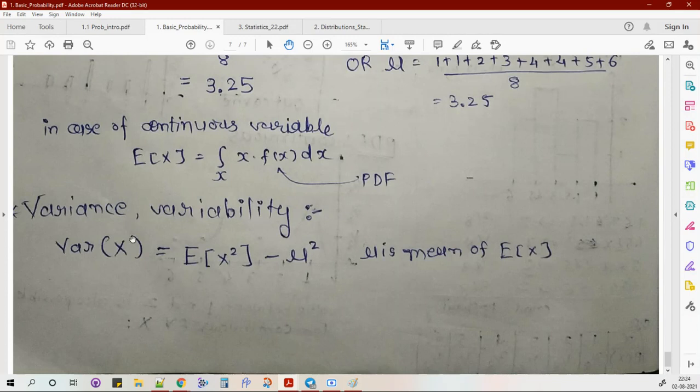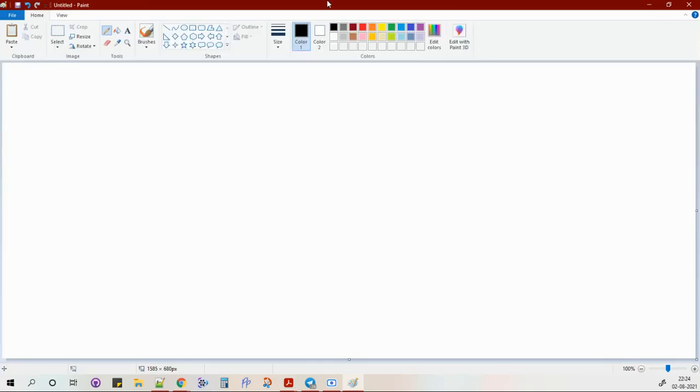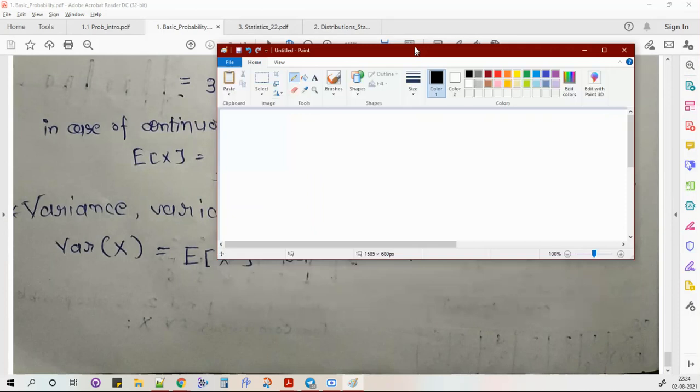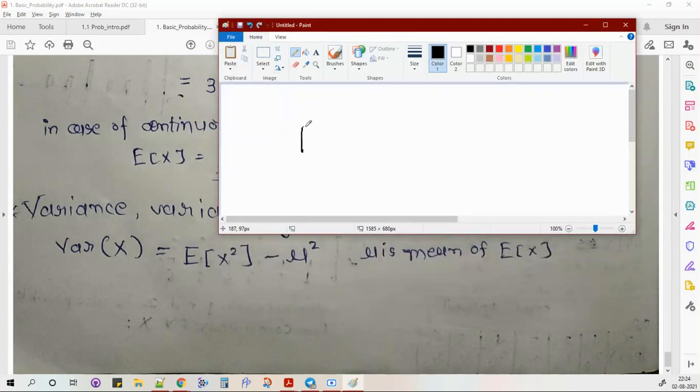So variance of the random variable x is defined as expectation of x square minus mu square, right? And if I want to write this equation in one more form, which is sometimes useful, I can write this as expectation of x square as it is, minus, what is the mu?